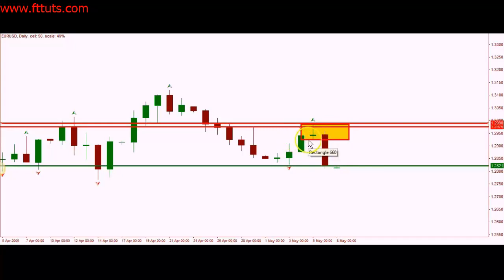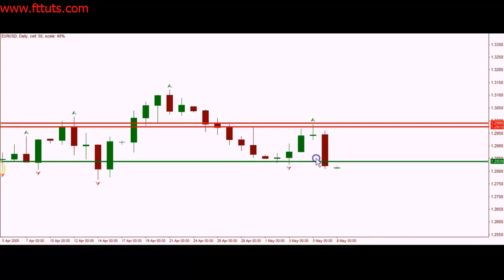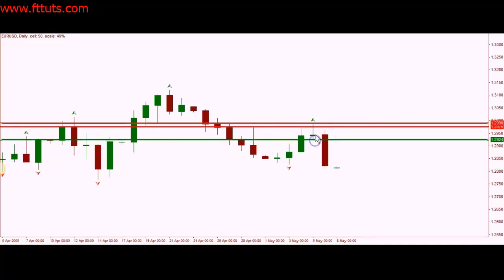A lot of times I'm putting my entry right here, and I'm going to limit a lot of risk, because if I have indecision and then the market decides to go to the downside, I'm good to go. If it decides to go to the upside, my risk is a lot less just playing this indecision candle with a stop loss above that level.